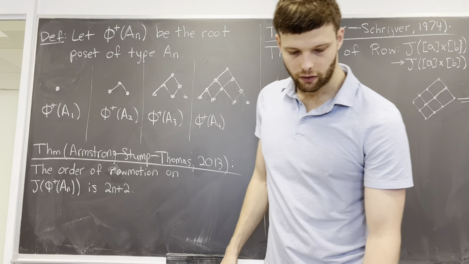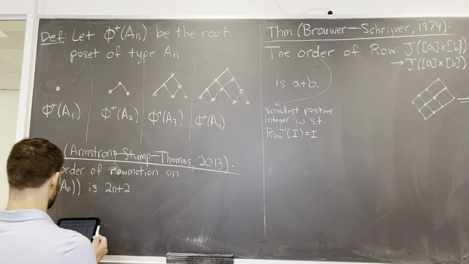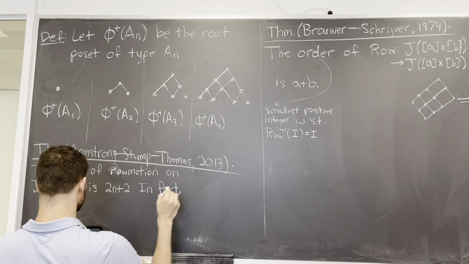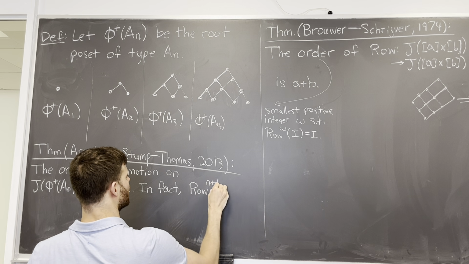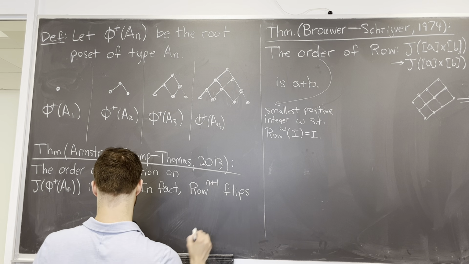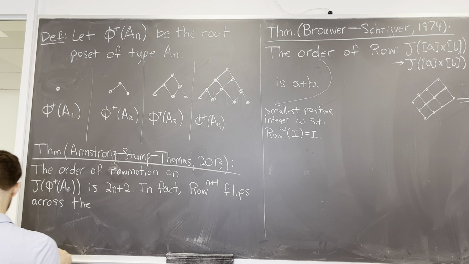And actually you can say something a little stronger. In fact, if you apply Rowmotion n plus 1 times, what this does is it flips your order ideal across the vertical axis.